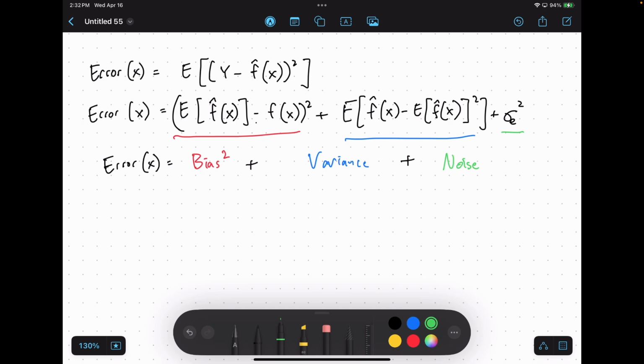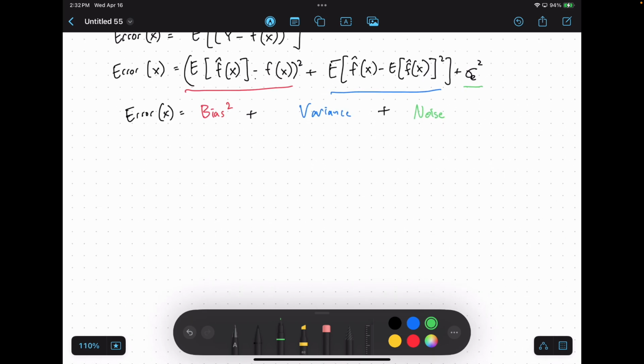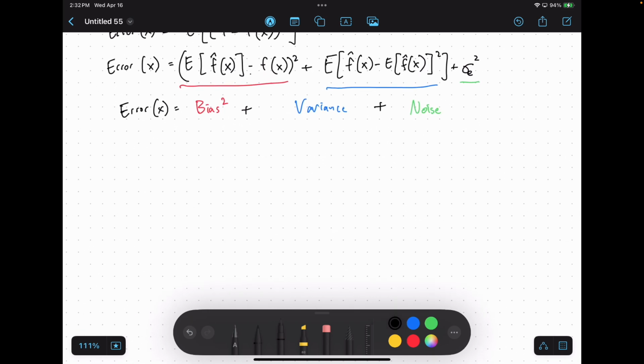Noise is kind of random, so we can disregard this in the sense that we don't expect noise to be correlated with choice of model, right? But our choice of model can have an impact on the bias and variance. And there is this fundamental relationship, which I've been talking about, and that looks something like this.